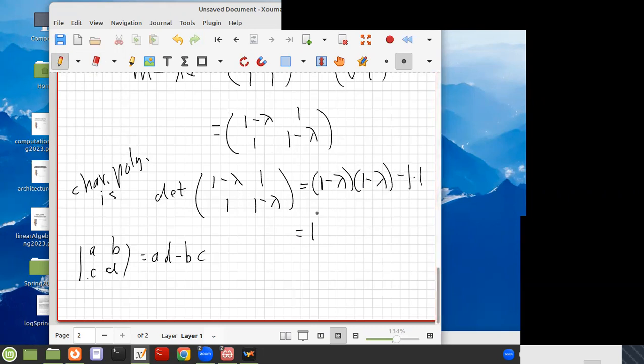So 1 times 1 is 1, minus lambda times minus lambda is plus lambda squared. Then in the middle the cross terms, minus lambda times 1 and minus lambda times 1, that's minus 2 lambda, minus 1. So there's the characteristic polynomial. In fact, the ones cancel, so I have lambda squared minus 2 lambda.